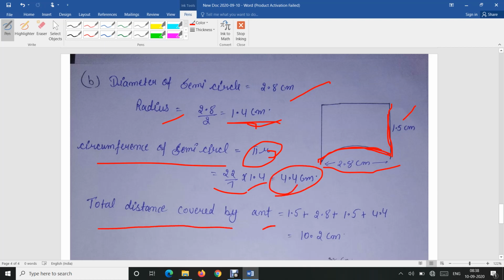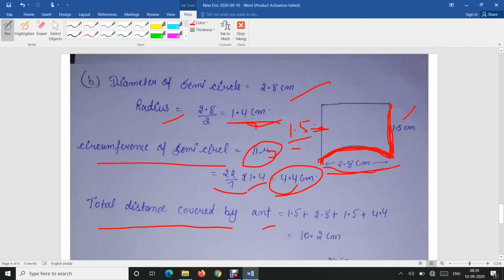Now the total distance covered by the ant. The first distance is 2.8, the second distance is 1.5, and the opposite side is also 1.5.